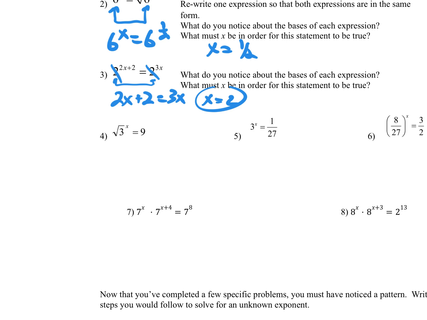You should know things like 3 squared is 9. So when you're looking at something like this, we want to figure out what's the common base. Common base is 3, and so we would change 9 to 3 squared. We would change rad 3 to 3 to the 1/2.